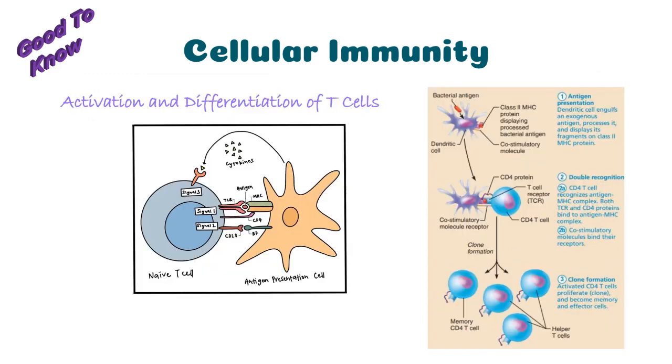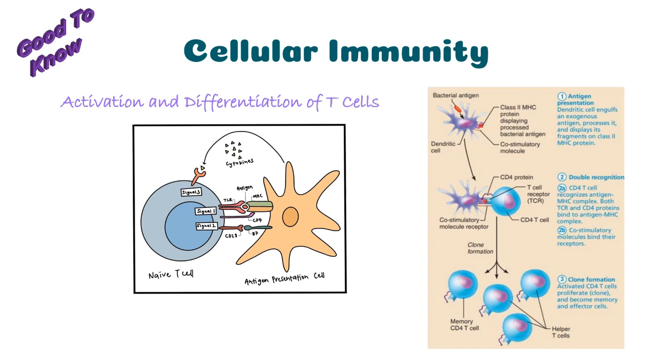And the activation and differentiation of the T cells occurs in two steps, by the presence of two signals. The first signal is the binding of a TCR to the MHC that's holding the antigen, and the second signal is the binding of what's called the CD28 to the B7. The absence of the second signal might cause the cell to go into anergy, where the cell won't be reactive anymore.